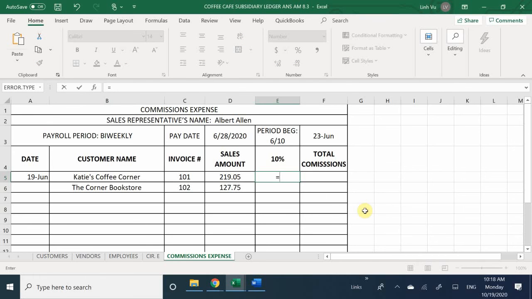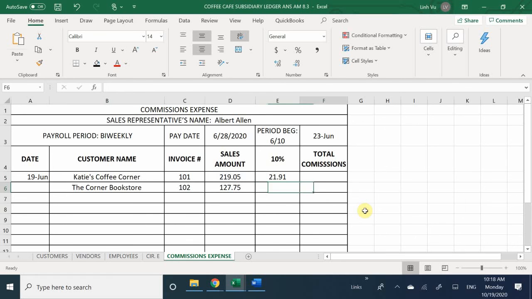I'm going to also do equal round here so I can get a nice round number. So I get 21.91, because I got that 5 cents to push my number up one. So my total commissions that I'm going to be giving to Albert on payday is $21.91.